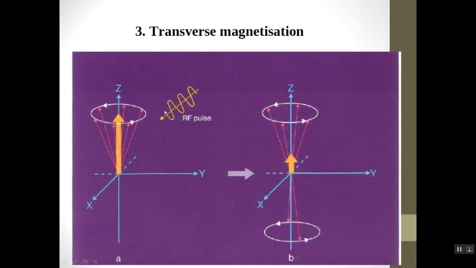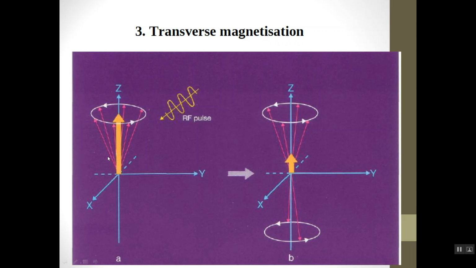here, before applying the radio frequency pulse coming from outside, all these protons are in the Z direction, adding magnetic force to the Z direction. Yes, the net magnetization of protons and the main magnetic field will be this arrow, which is called the longitudinal magnetization.